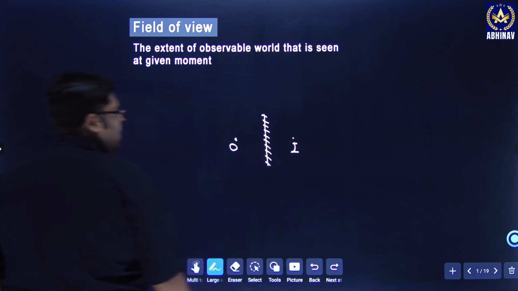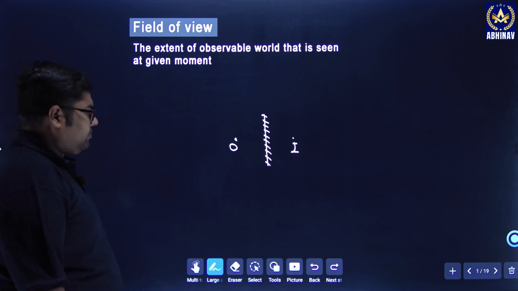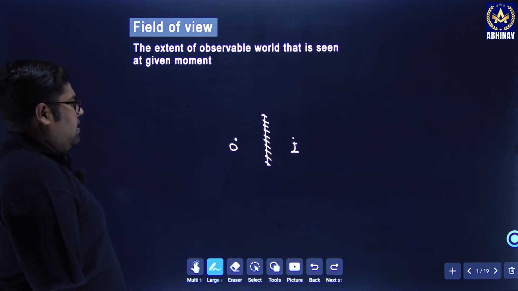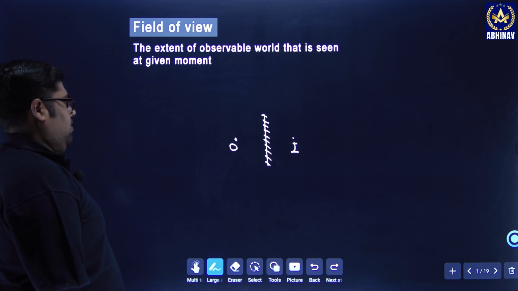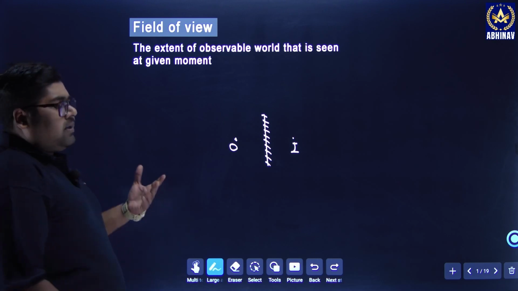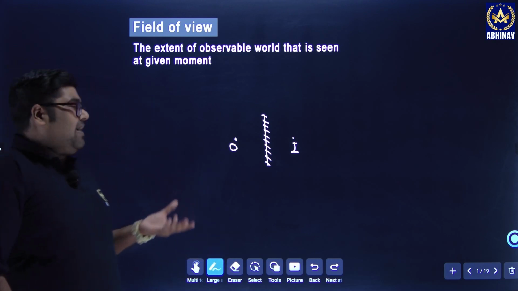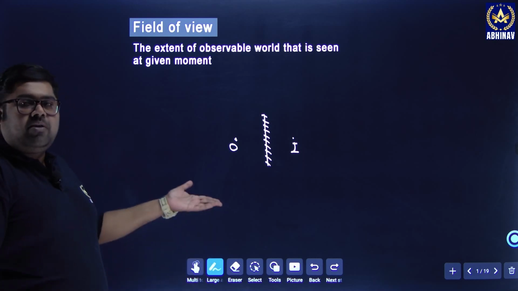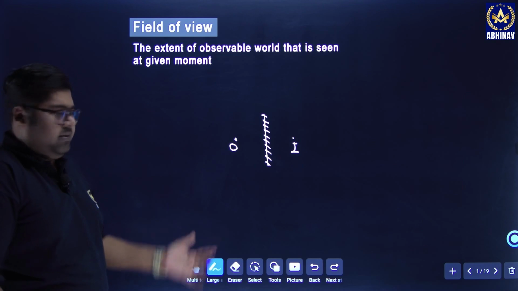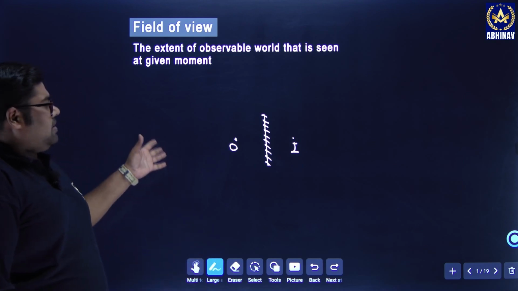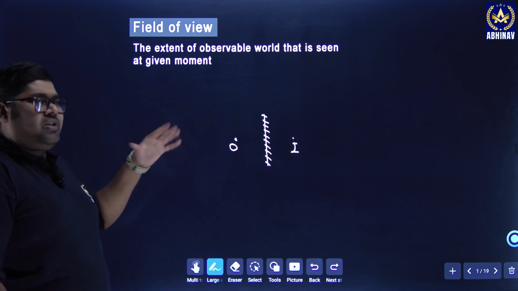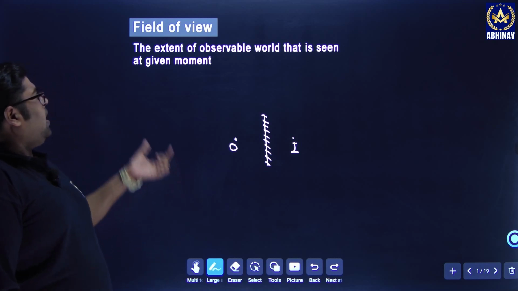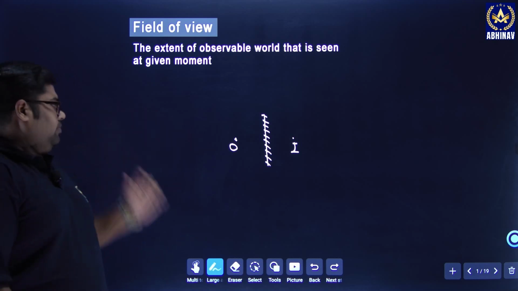So here an image is formed. So what is the field of view? The field of view can be called the maximum distance from which the image might be visible. The maximum distance from which the image can be visible is called the field of view.